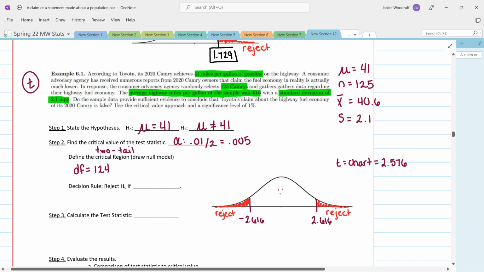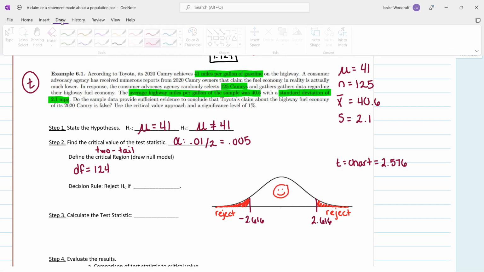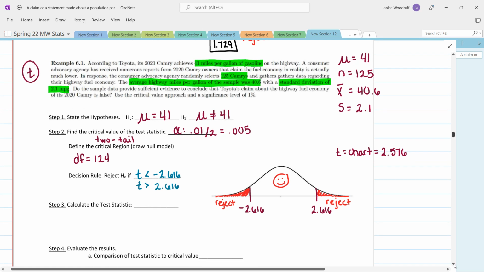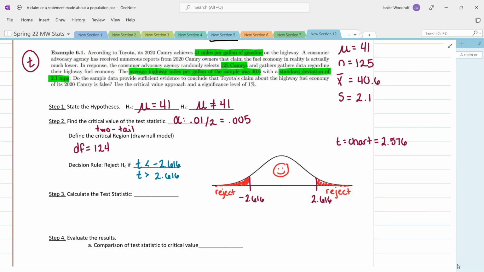Okay, and in between is okay. So we're going to write here that we will reject if we get a t less than negative 2.616 or greater than 2.616. Okay, now we want to calculate the test statistic based on what we're given.